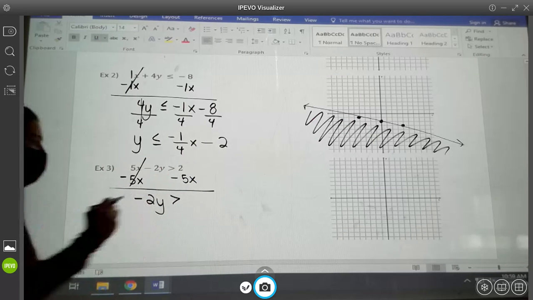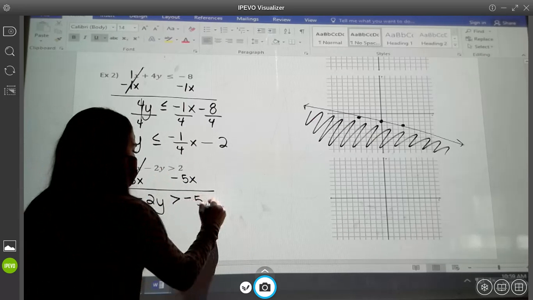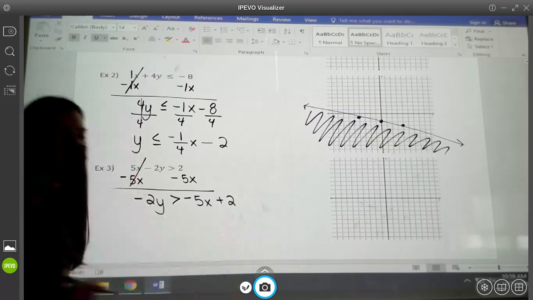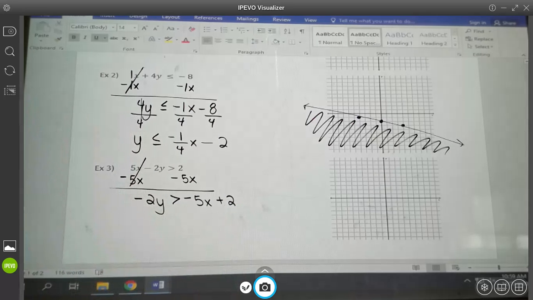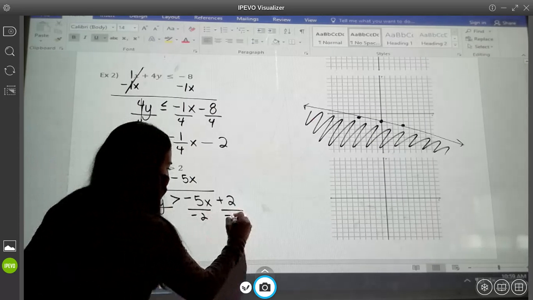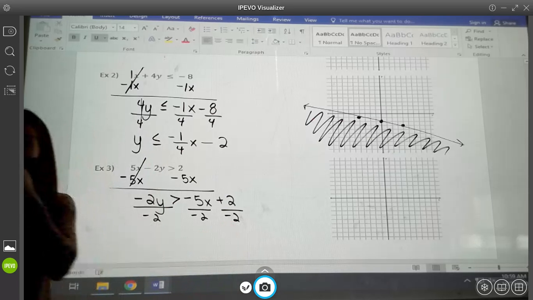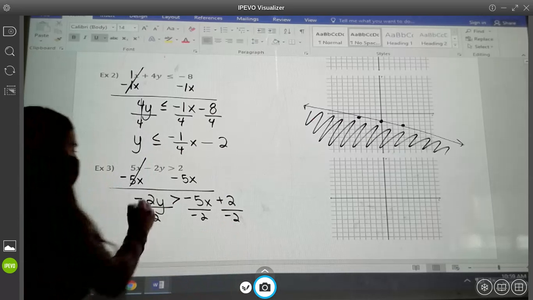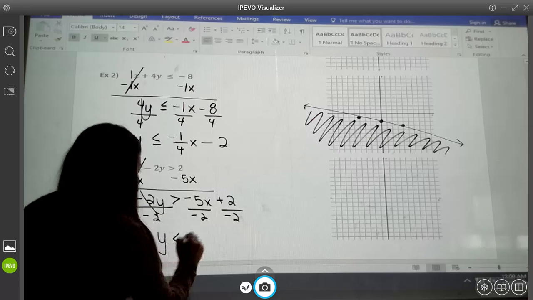Okay? And then all I have to do is divide everything by negative 2. But that means you just divided both sides of an inequality by a negative number. You're going to have to flip that symbol around. So now y will be less than negative over a negative is positive, and 5 over 2 does not divide or reduce. Positive 2 divided by negative 2 is negative 1.